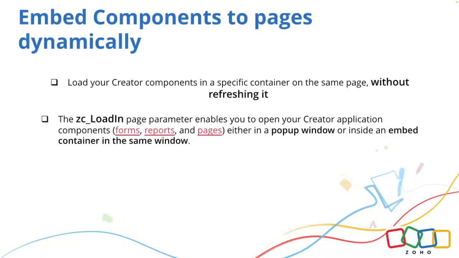The next thing that we're going to talk about is embedding the components to pages dynamically. To understand this feature, we'll talk a bit about our feature, which is page parameters, right? Currently we have an option to embed the page parameters through the pop-ups.